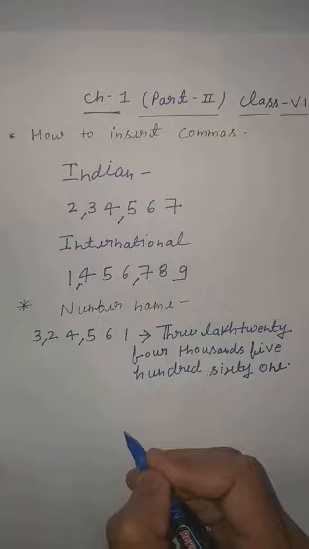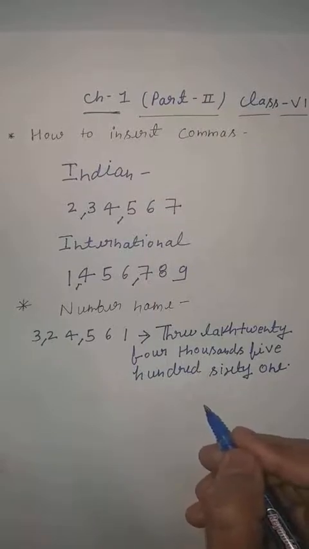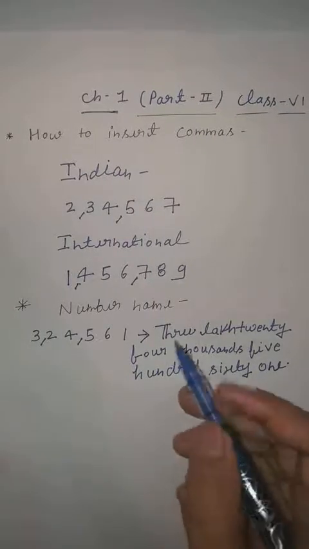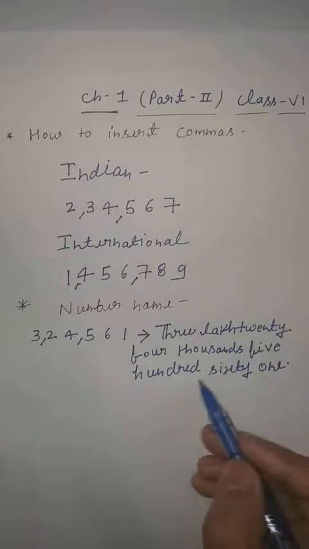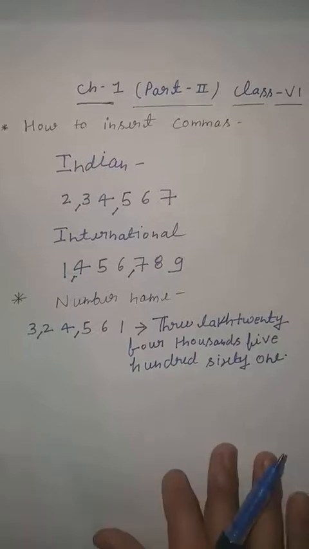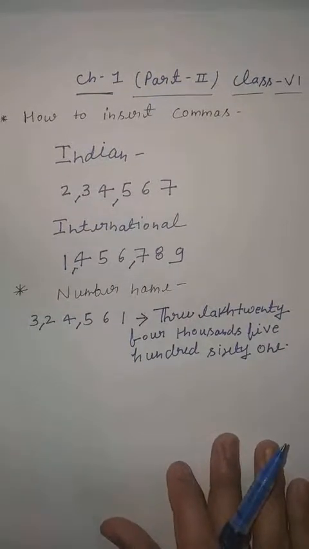So this is the number name according to the Indian place value chart. What is the number? 3,24,561.